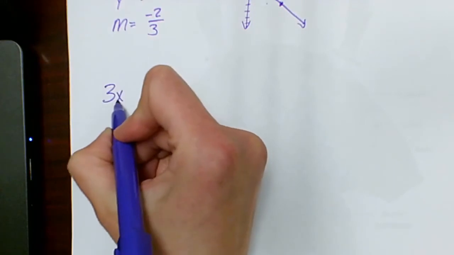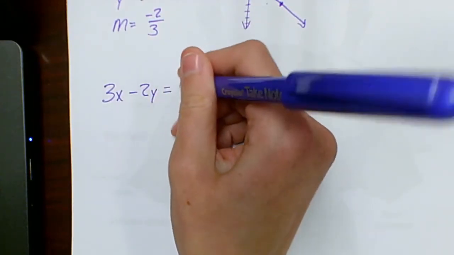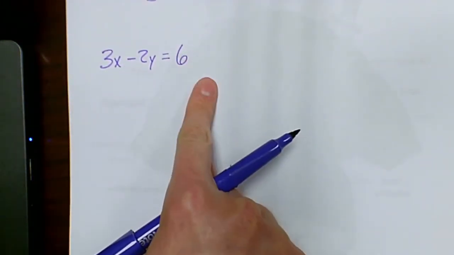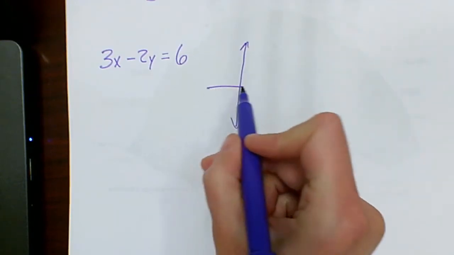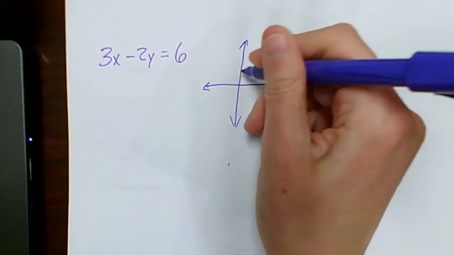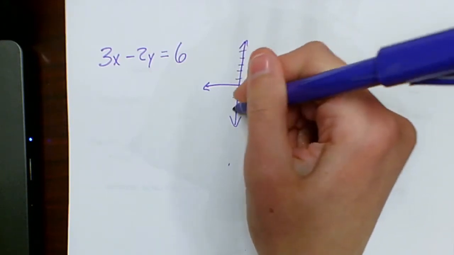If you start out with a problem that looks like this, and 3 and 2 can go into a 6, you can always use intercepts instead of solving for y.